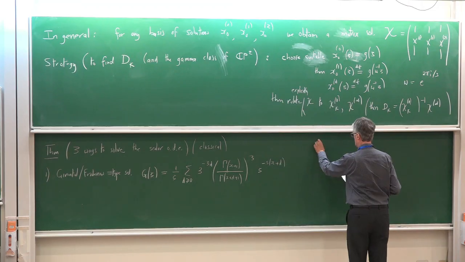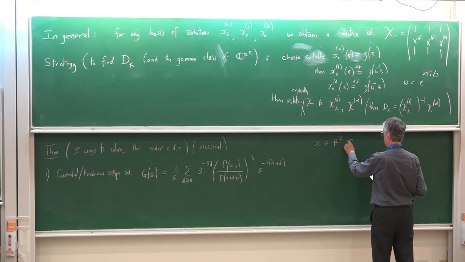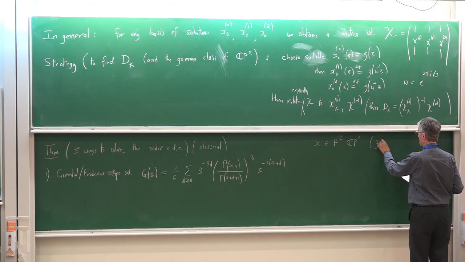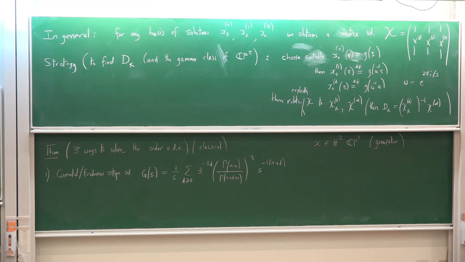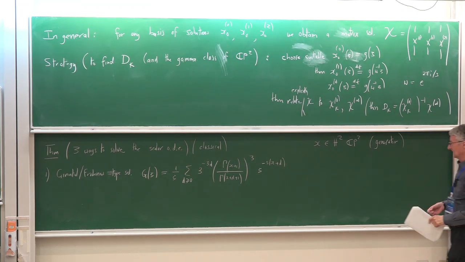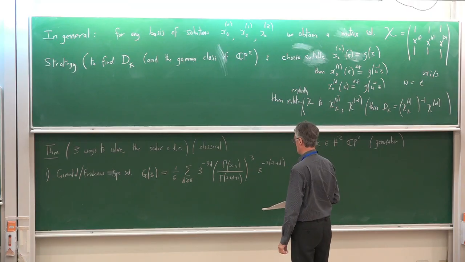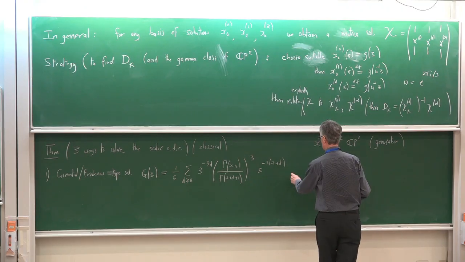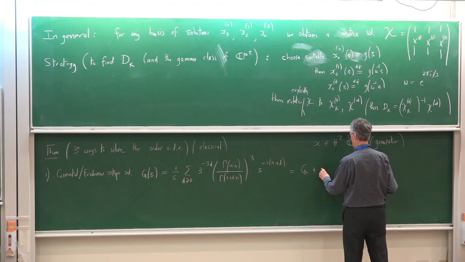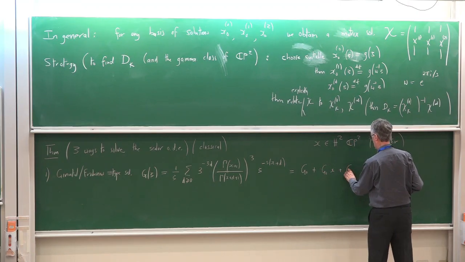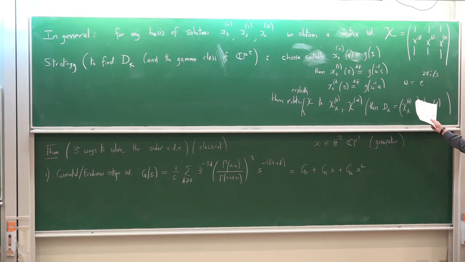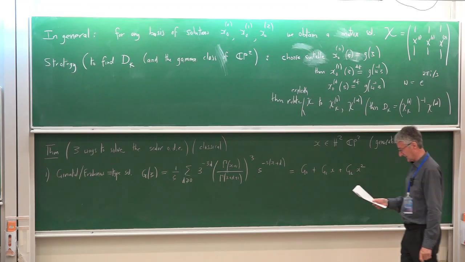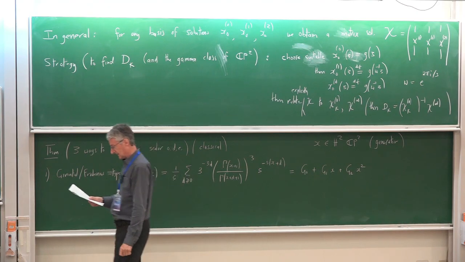Remember, x is, as usual, the generator of H2, the integer class. It is the same kind of thing that we had with the Givental solution of the quantum differential equation. This is cohomology valued, so I can write it as G0 times 1 plus G1 times x plus G2 times x squared. This G0, G1, G2 will be a basis of this type. It will be a different basis, but it's a basis of this type.